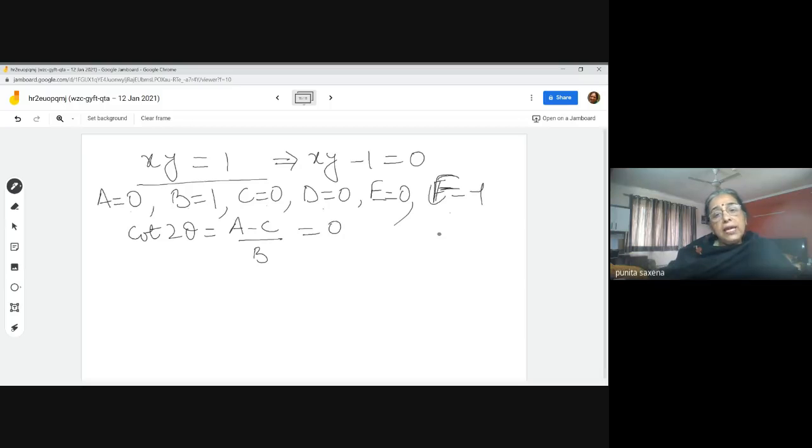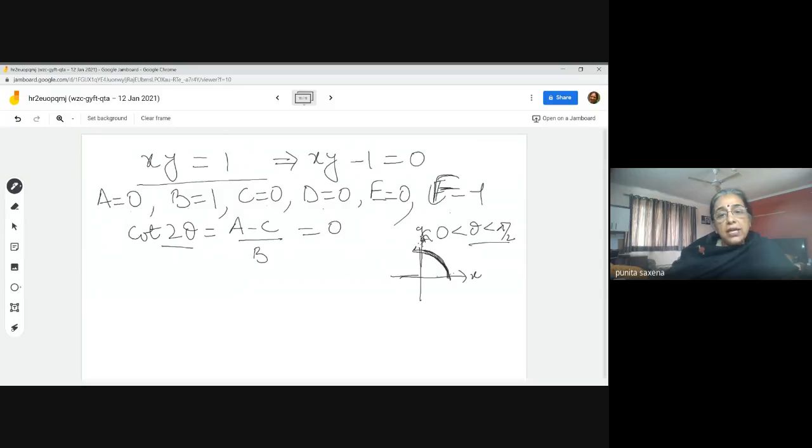Now, the only care we have to take is that my theta should be between 0 and pi by 2, because if we are rotating our axis, we can only bring it up to there. Otherwise what happens? Our x axis becomes the y axis. If we rotate by a full 90 degrees, the horizontal axis becomes vertical and the vertical becomes horizontal. So we normally take care that our theta always lies between 0 and pi by 2.